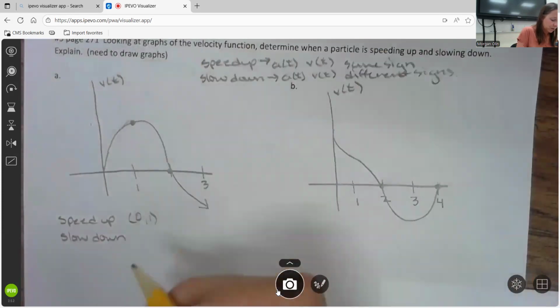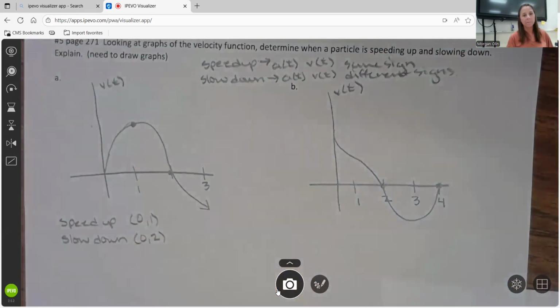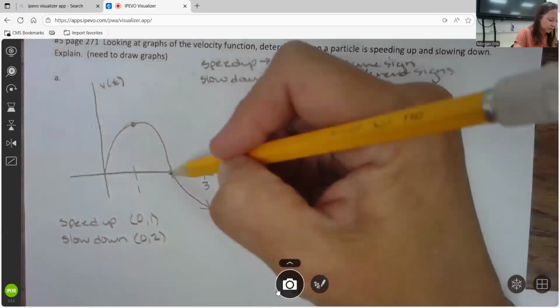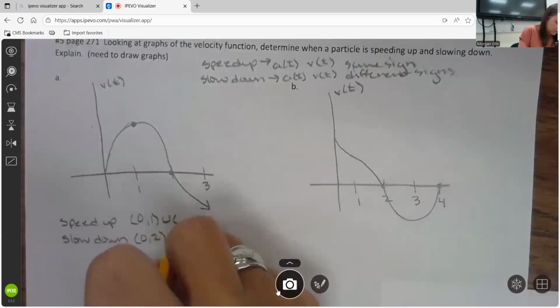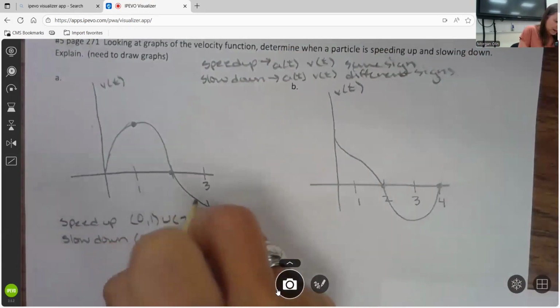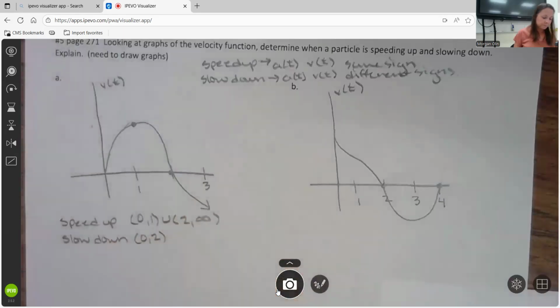Positive and decreasing, it's slowing down, so from 1 to 2. Okay, and then when it's negative, so this is negative and decreasing, these are going to have the same sign. So therefore, from 2, and look at it, it has an arrow, so we're going to put infinity. All right, it is decreasing. Now, it could do other things afterwards, but for right now, we'll just say 2 to infinity.